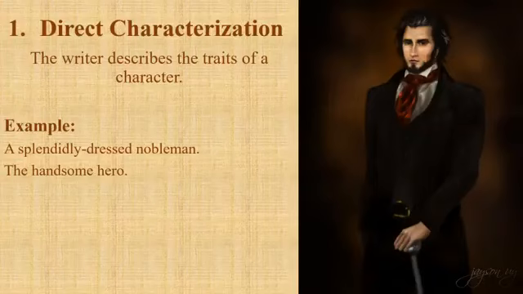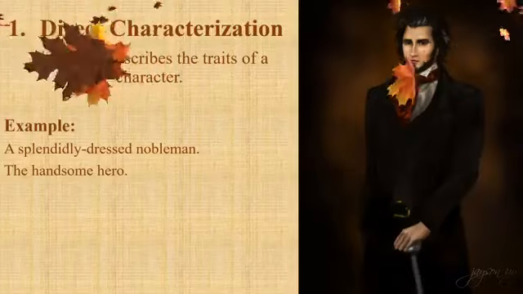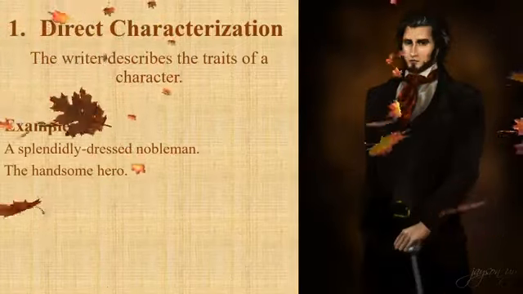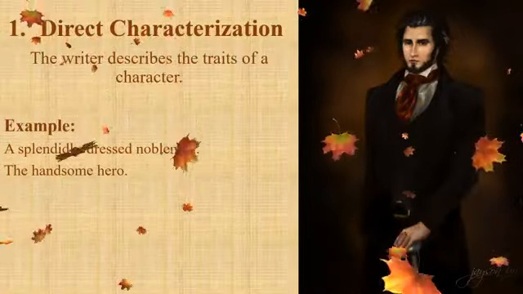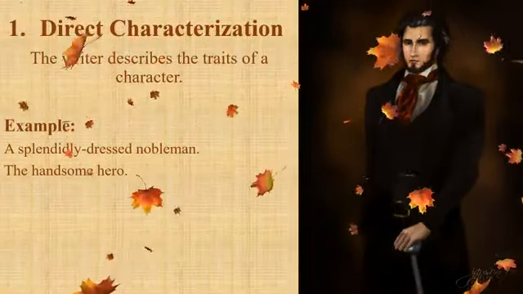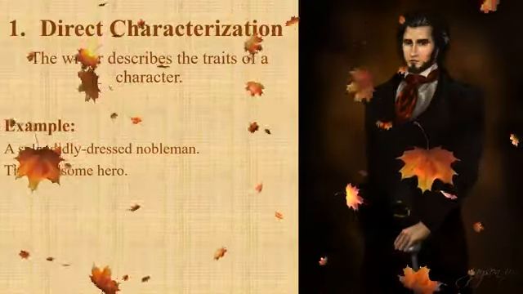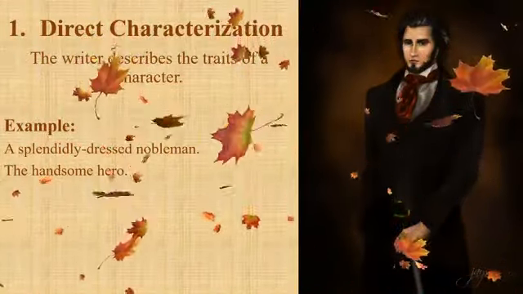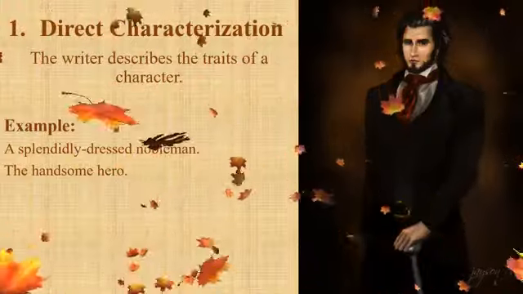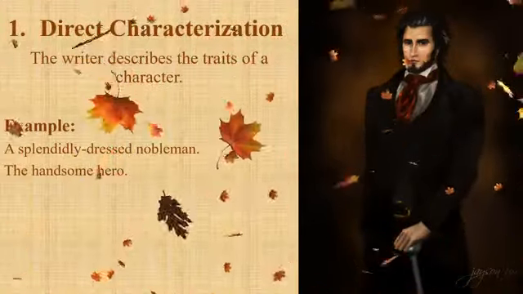It reads as, the doors are opened by 2 valets who stand aside to admit a splendidly dressed nobleman. And further it says that he is the handsome hero, gay, cynical, not very young, with a touch of the devil about him.